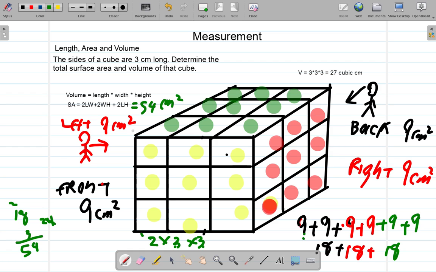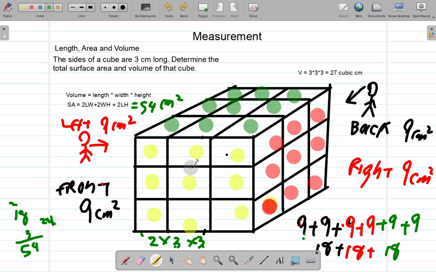Now, if I consider here the length, if I consider this to be the length and this the width, right, we will be talking about the top and bottom for this part. Alright, width and height. If I consider this to be the width and this the height, what we're talking about is the front and the back. 2 times the width times the height, because the front and back have the same area.